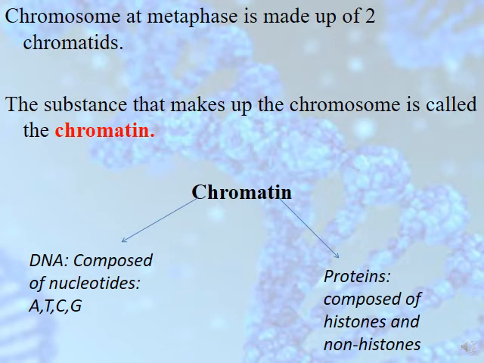Chromatin is divided into DNA composed of four nucleotides, called A, T, C, and G. So DNA is composed of four nucleotides, A, T, C, and G.